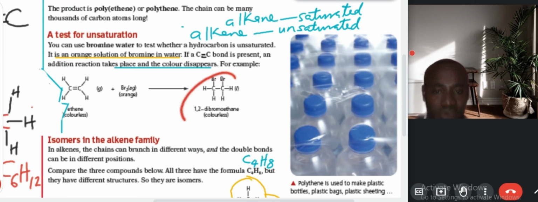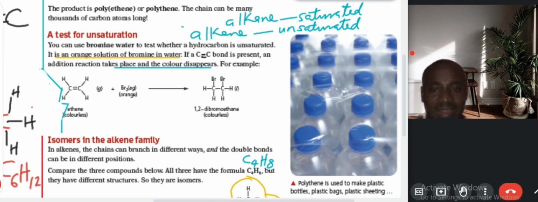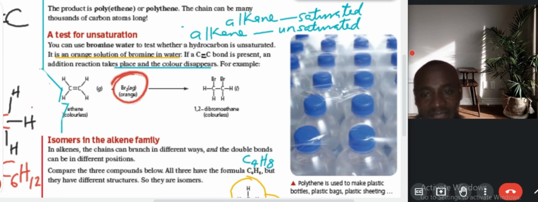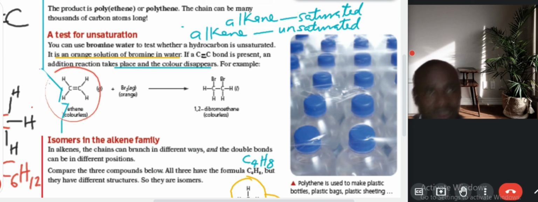It becomes colorless because it will now form a different substance, which is 1,2-dibromoethane, which is colorless. So if the orange color of the bromine water disappears, it means there was a reaction, and a reaction can only occur if the hydrocarbon is unsaturated.